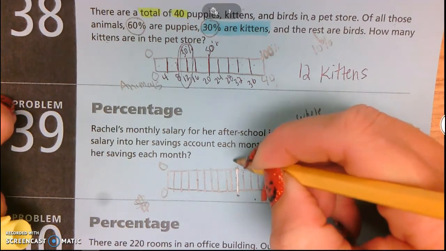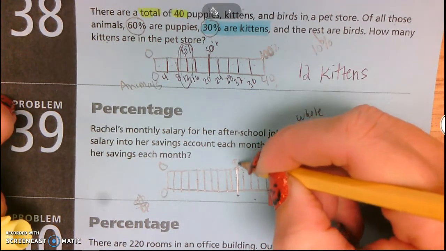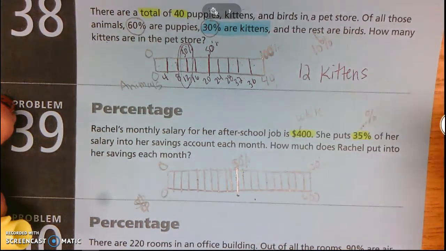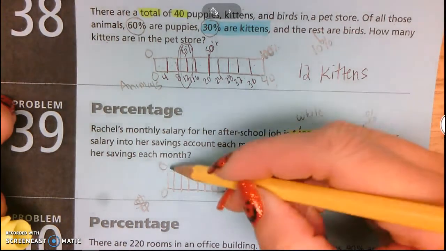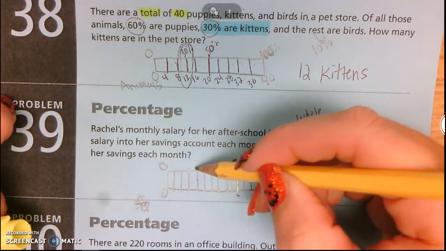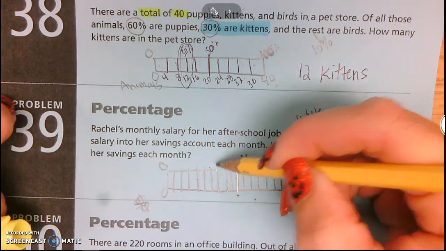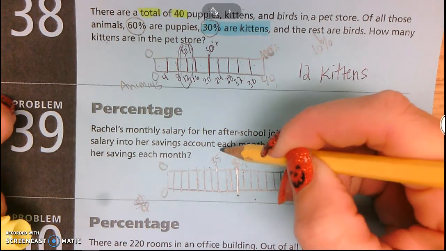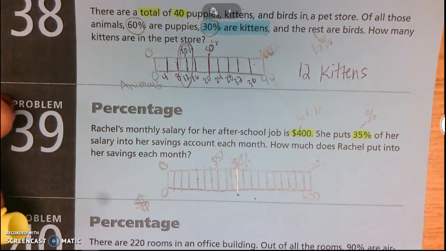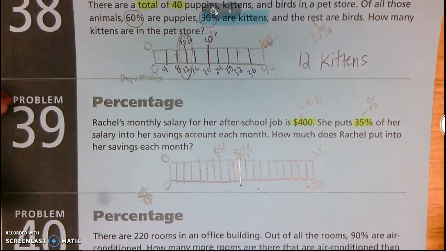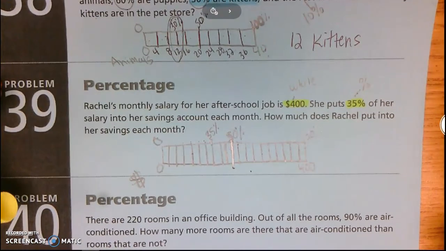So here's my halfway. I always like to use that as a benchmark. That's my 50%. What I'm looking for is 35%. So 5, 10, 15, 20, 25, 30, 35 would be right here. And you could label all of those if you wanted to. But if you can determine importance, you might as well save some time.